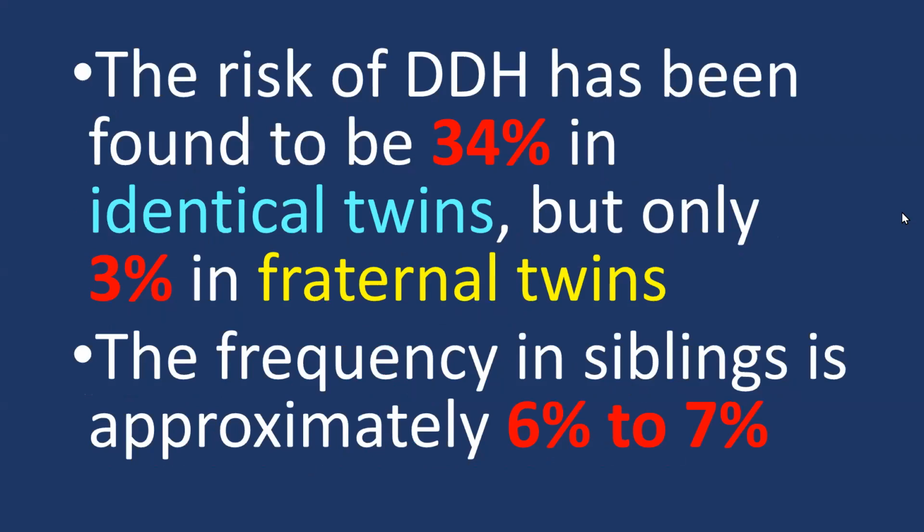The risk of DDH has been found to be 34% in identical twins, but only 3% in fraternal twins. The frequency in siblings is approximately 6 to 7%.